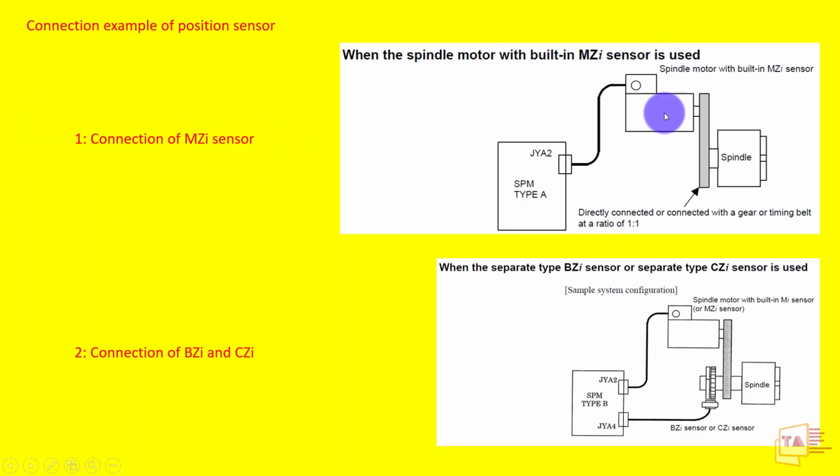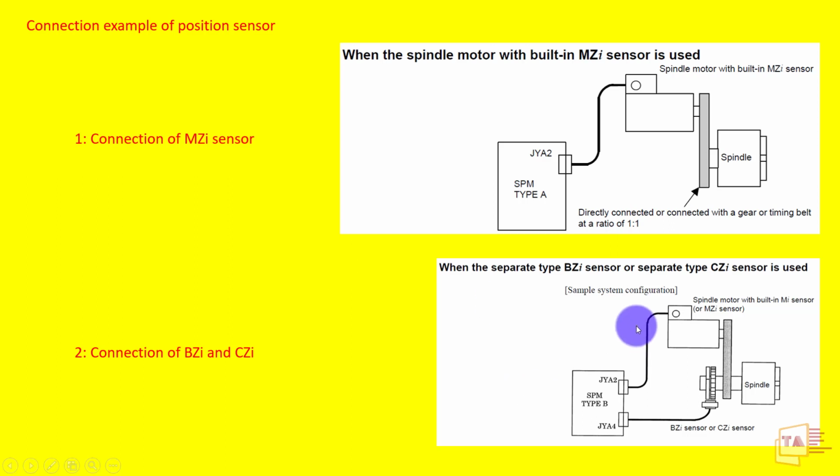See, this is the MZI sensor built into the spindle motor, directly connected or connected with a gear or timing belt at a ratio of 1:1. So in JYA2 we will get the signals from the MZI because it is built-in. The next one is the connection of BZI and CZI when a separate type BZI sensor or separate type CZI sensor is used.